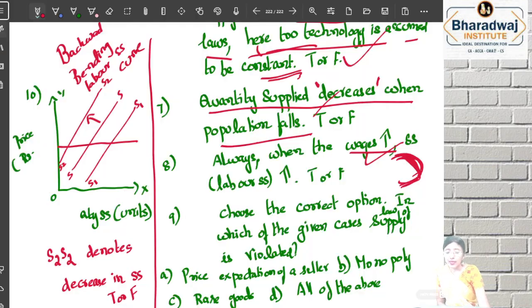Okay, then choose the correct option. In which of the given cases is the law of supply violated? Price expectation of a seller, monopoly, rare goods, all of them. From every nook and corner in this chapter, I took a question. I wanted to give a question, that's why it's like this.